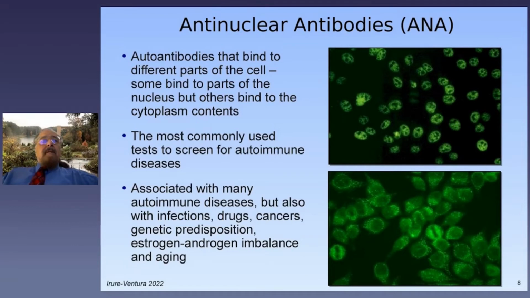And these are associated not only with autoimmune diseases, but also with other conditions. And these panels on the right here show what these tests look like under the microscope when you take these cells, overlay them with your blood sample, and then a secondary antibody that is fluorescent that allows you to actually see these antibodies binding to the cells.